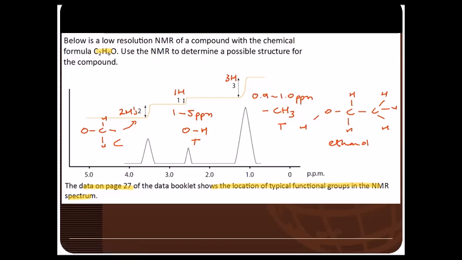Then the 2 hydrogens at around 3.5 on your IB data booklet is typical of a CH2 group. That could be a CH2 group that is attached to the oxygen.